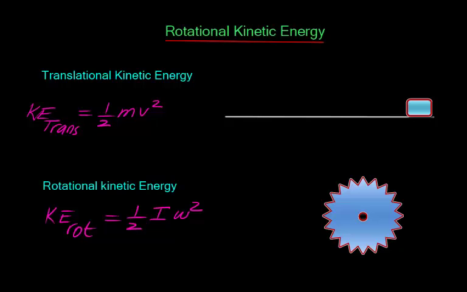The translational kinetic energy depends upon the linear inertia, known as the mass, and the rotational kinetic energy depends upon the rotational inertia, which is known as the moment of inertia. Notice also that the translational kinetic energy depends upon the square of the linear speed v, and the rotational kinetic energy depends upon the square of the angular speed omega.